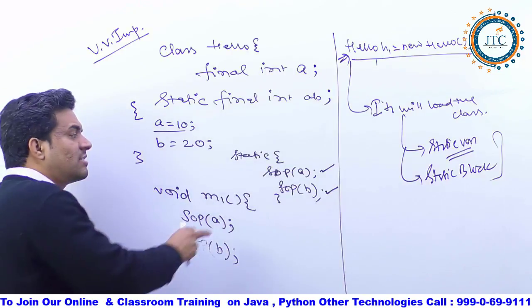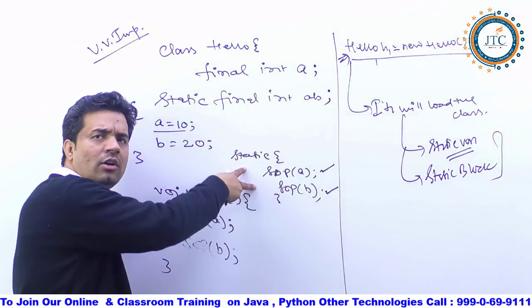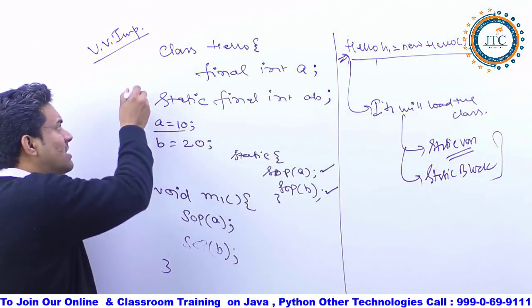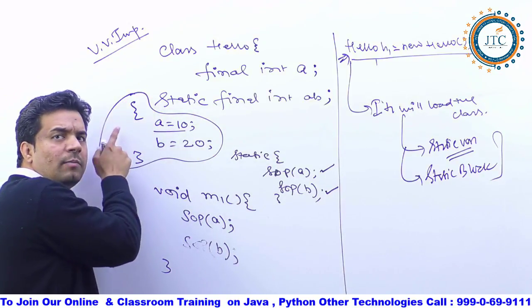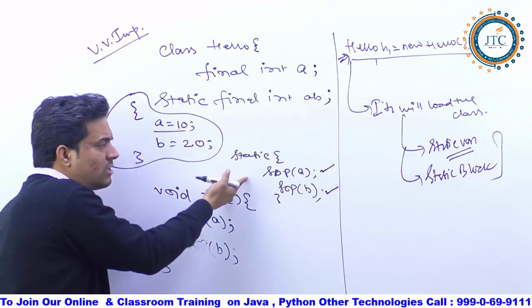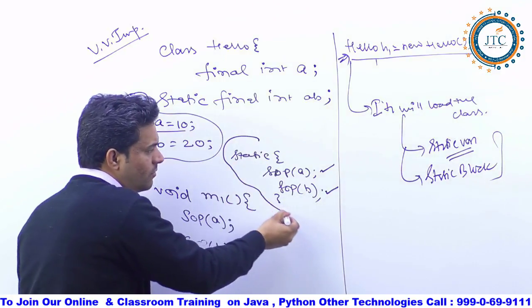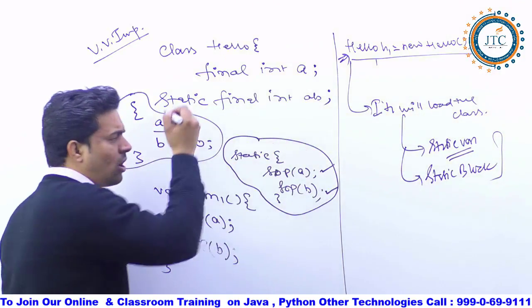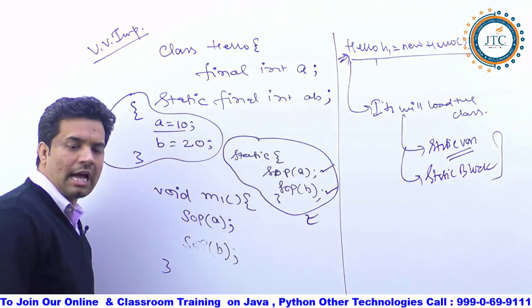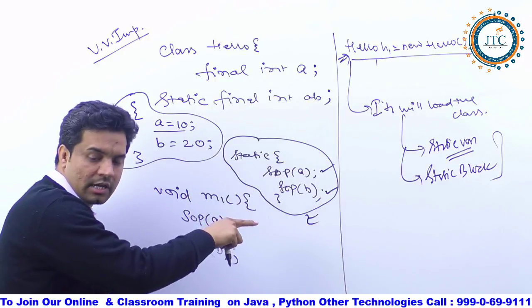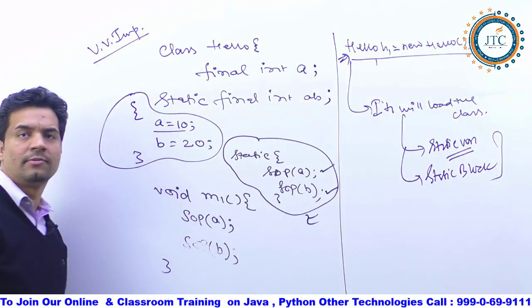So if you have initialized this inside the instance block, this instance block processing will be done after this static block. After this static block, first this will be done, and then after this is going to be done.